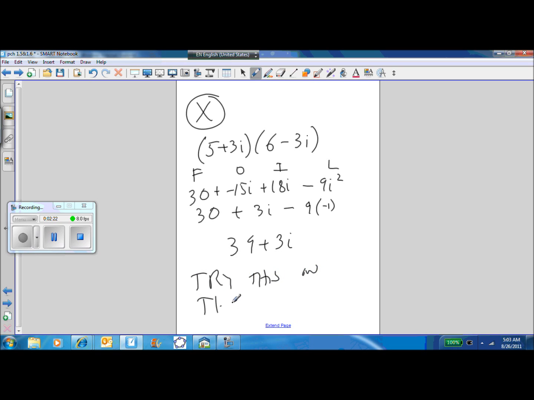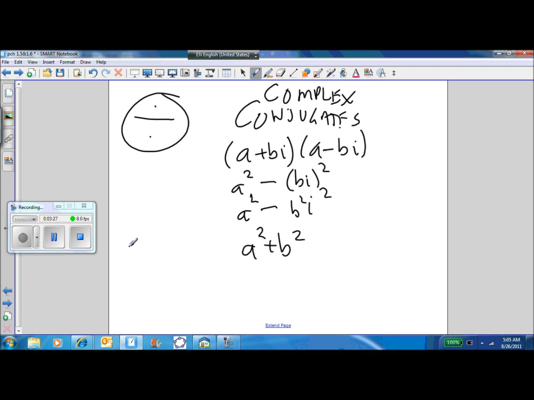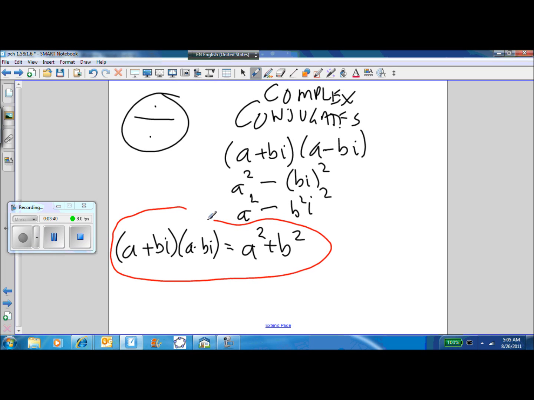Just for giggles, try this on your TI-89. You'll find that you actually have a button on the TI-89. Look for it. But this is a key idea to remember, that complex conjugates, when you multiply them, you actually get the sum of the squares, a squared plus b squared.